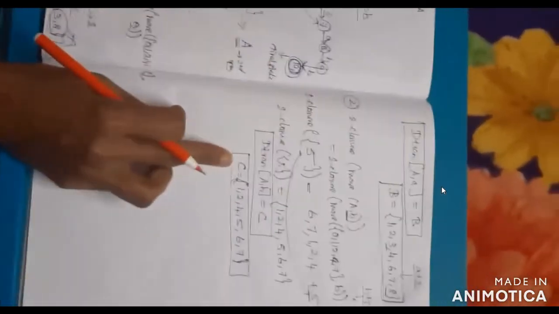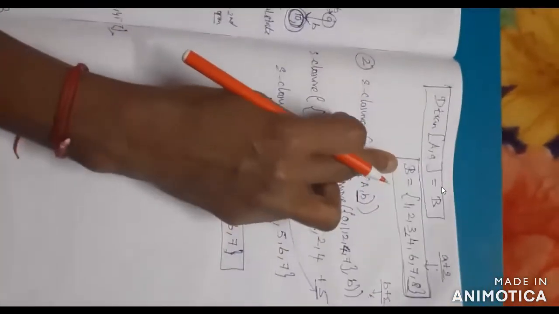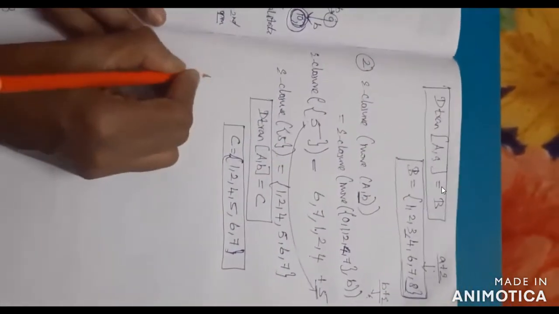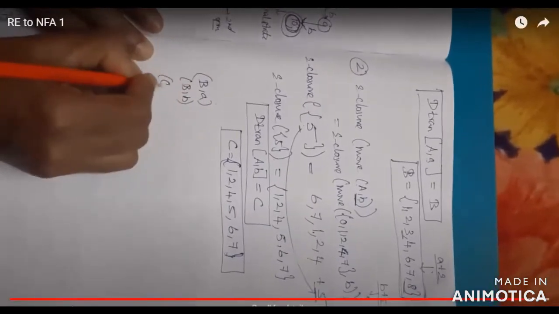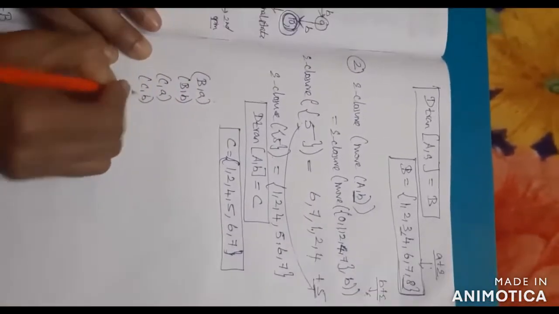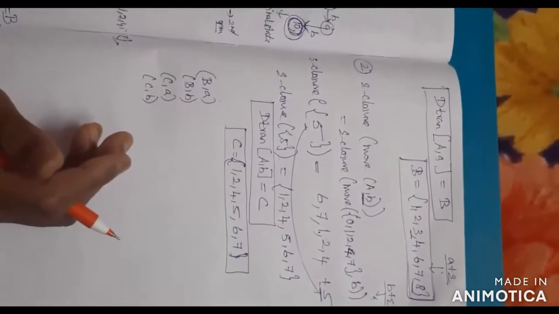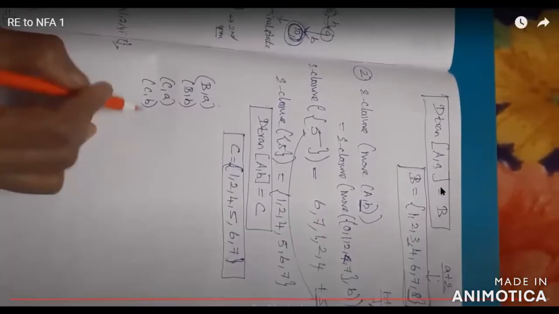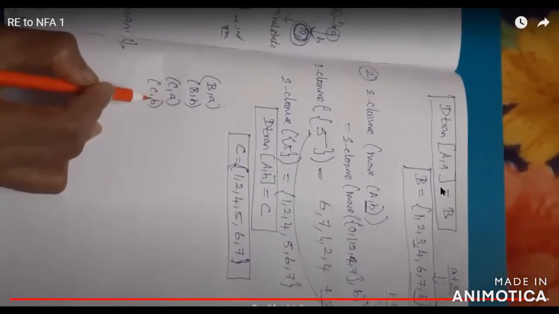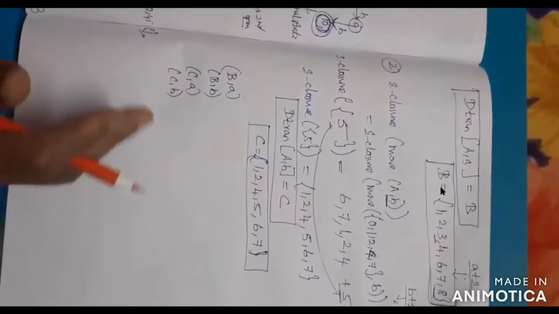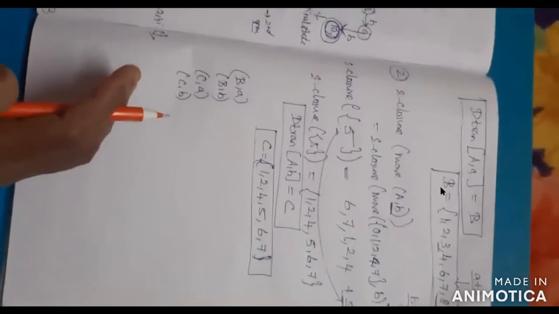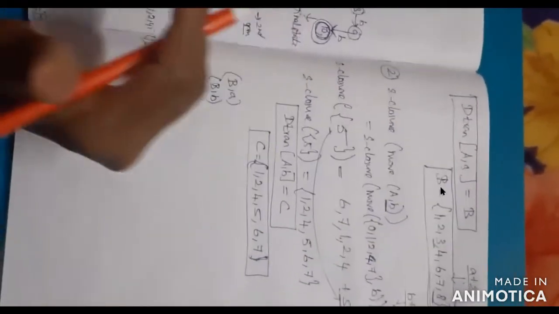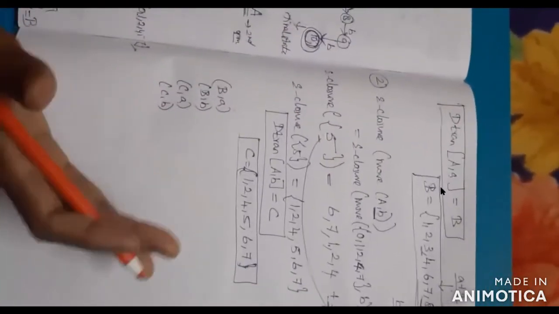Similarly, you have to work out the transitions of move of B comma A, B comma B, then C comma A, C comma B. When will the iteration stop? For example, for C comma A and C comma B, if you don't get new states, meaning you get the same values as the previous states, you can stop the iteration.